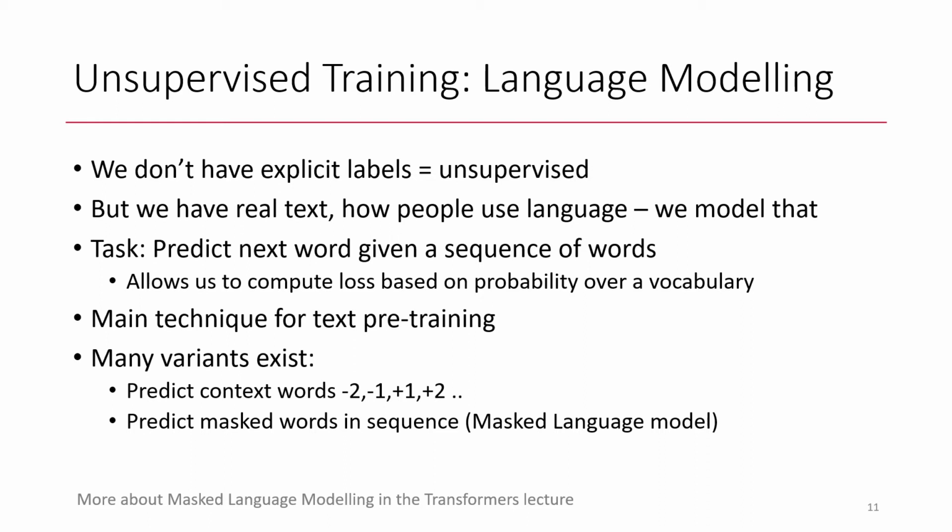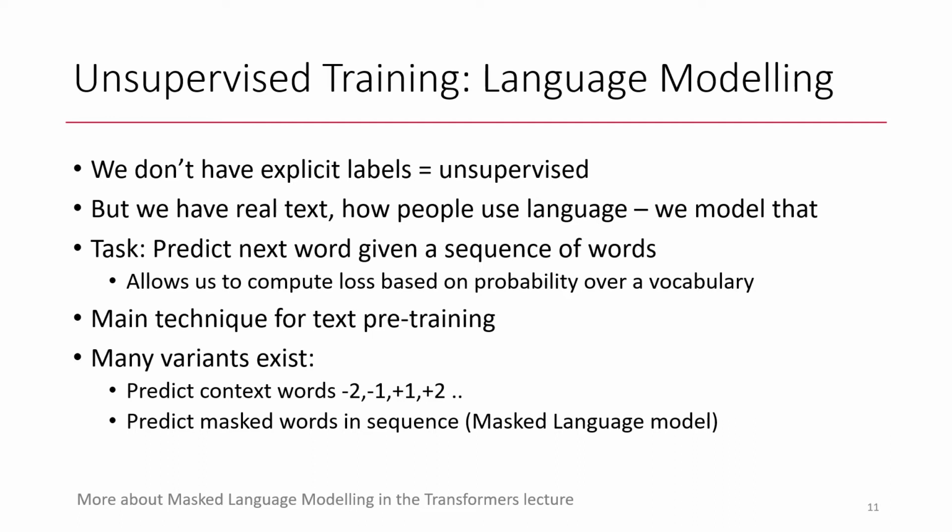This allows us to compute the loss based on the prediction probability of the next word over the whole vocabulary. Because in our training data we actually know what should be the next word, we can compute the loss, get an error, and backpropagate that error through the network to train the model. This language modeling is the main technique for text pre-training.